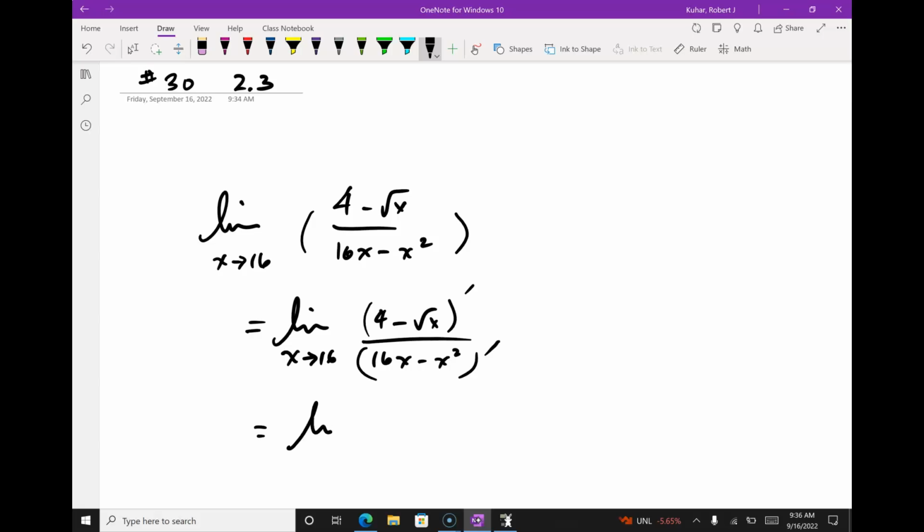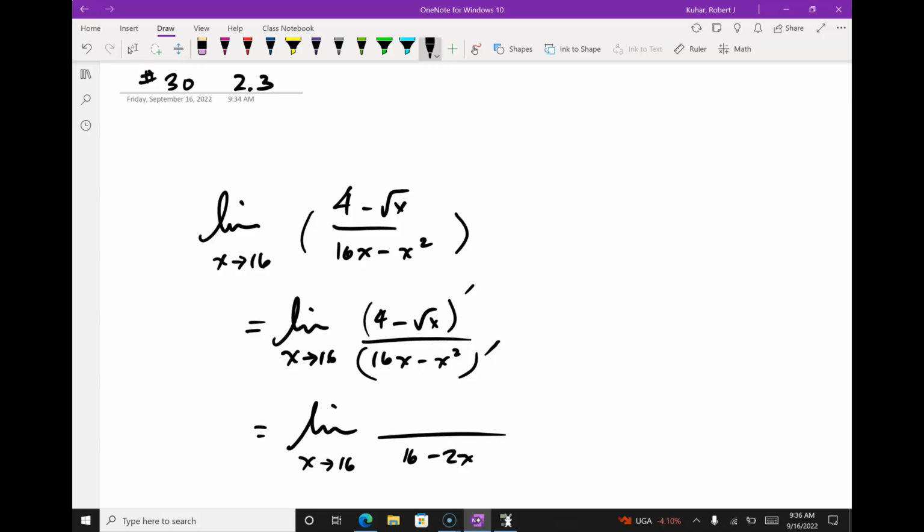The denominator's easy here, right? Now you're copying this again, so don't let me go too fast, okay? So that denominator is pretty easy here, right? Do you agree? What's my derivative downstairs? 16 minus 2x.